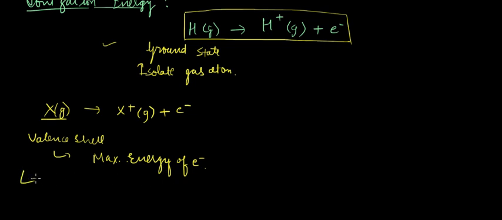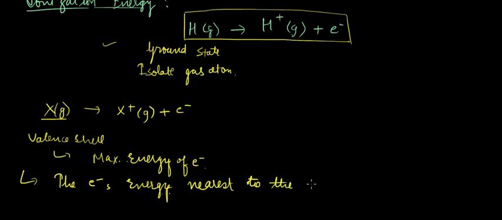I'm just talking in terms of mathematical positive and negative signs, but if you take the mod of it, obviously the energy of the electron closest to the nucleus would be the highest. But for mathematical terms, the electron's energy nearest to the nucleus would be lowest.